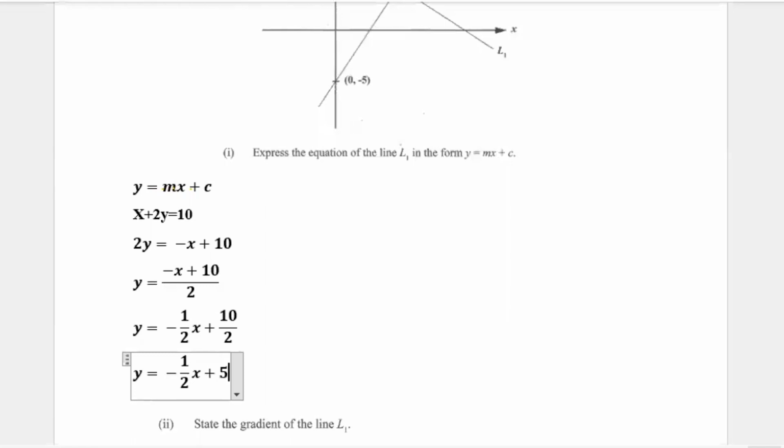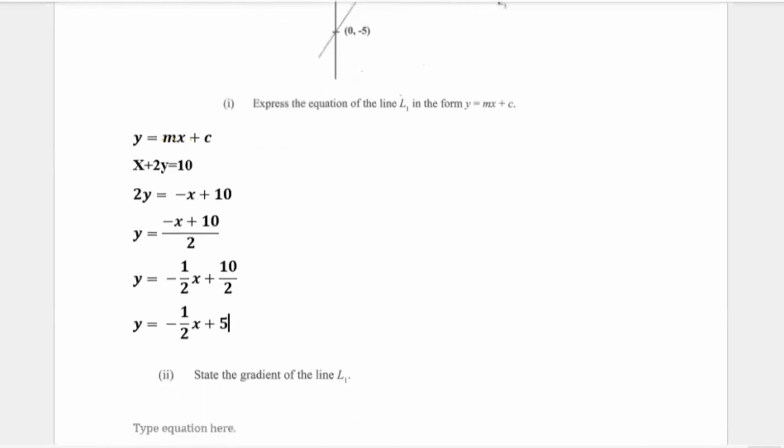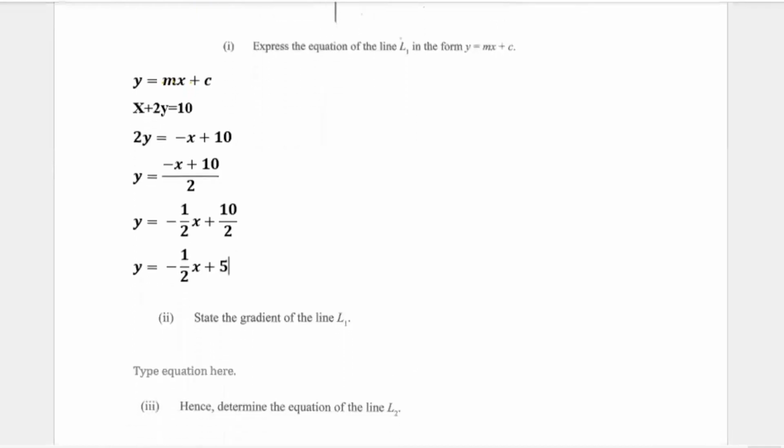So our answer is minus a half x plus 5. Any questions from this? All right, so that is our equation for L1 in the form y is equal to mx plus c.